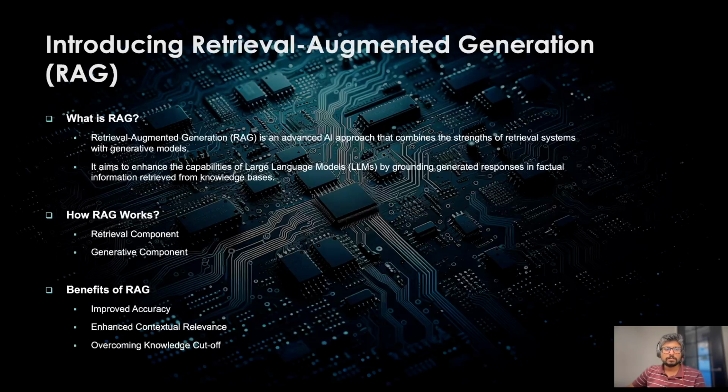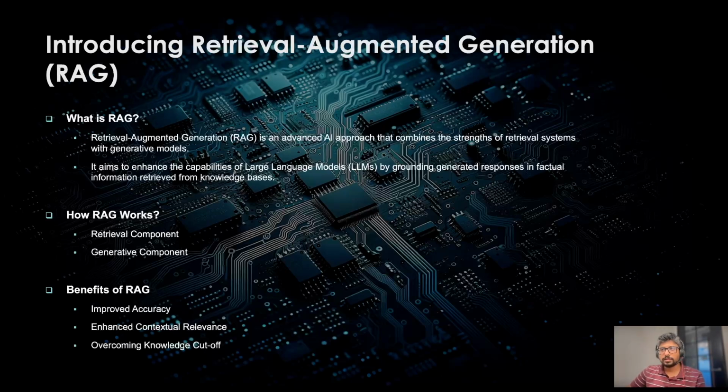RAG, also known as Retrieval Augmented Generation, is an advanced AI approach that combines the strengths of retrieval systems with generative models. It aims to enhance the capabilities of LLMs by grounding generated responses in factual information retrieved from knowledge bases.